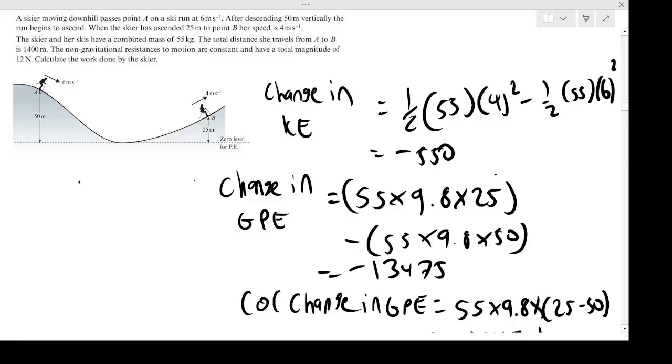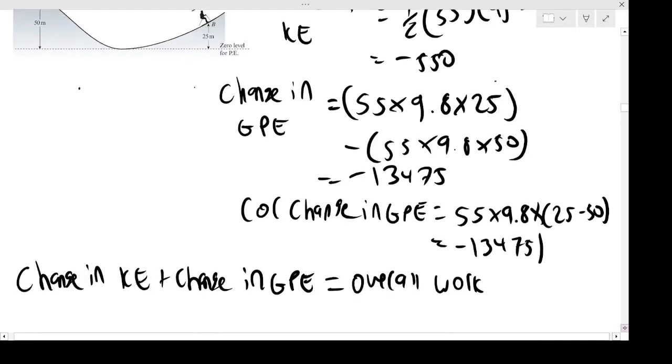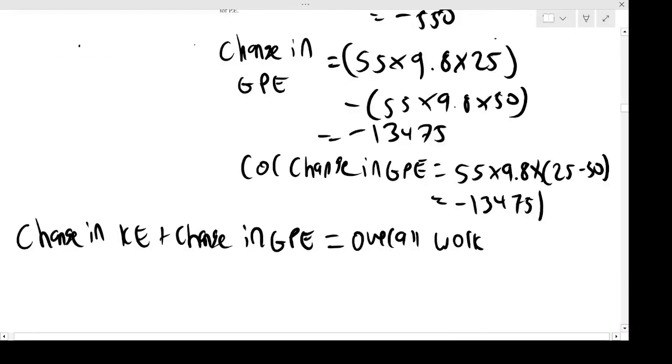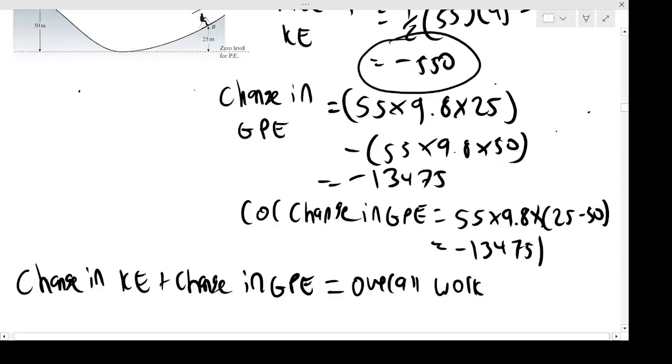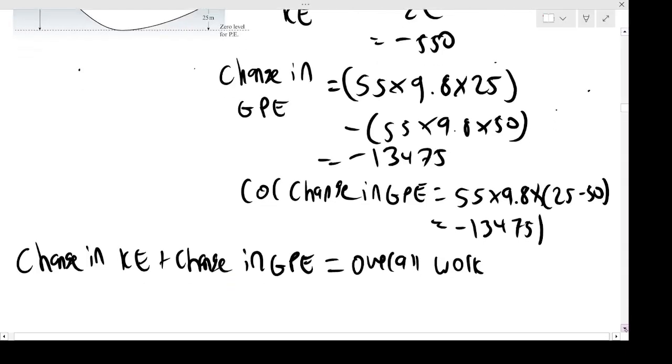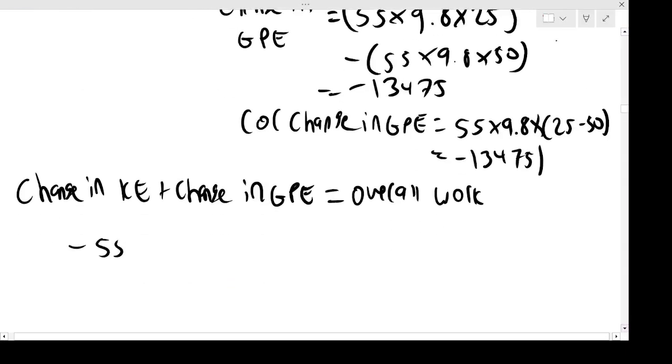Now, as I said, this is the work energy principle. Now I can just substitute these numbers in. We know that the change in kinetic energy is minus 550, again minus as it's a loss, and then the change in GPE is minus 13475. So that's my overall work.